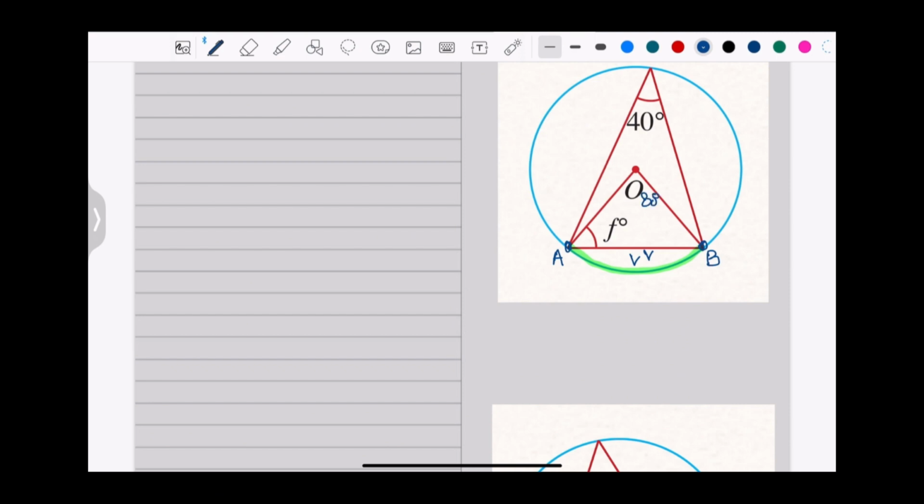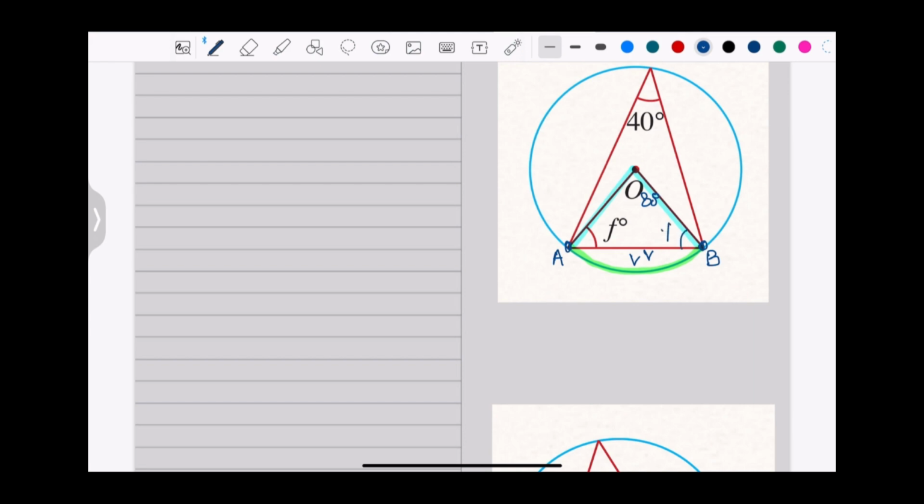Now to find F, I can say that this line is a radius, because from the center to the other end of the circle is a radius, and this as well. Which makes it an isosceles triangle, which means two angles are going to be the same.